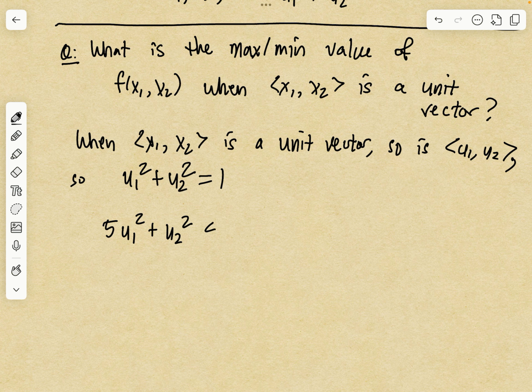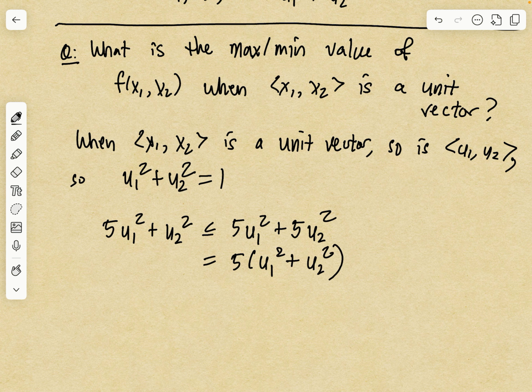First of all, this is certainly less than or equal to 5u1 squared plus 5u2 squared. Right? Because u2 squared is less than or equal to 5 times u2 squared. u2 squared is a non-negative number. But what can you do with this 5u1 squared plus 5u2 squared? You can factor out the 5. And that's 5 times the quantity u1 squared plus u2 squared.